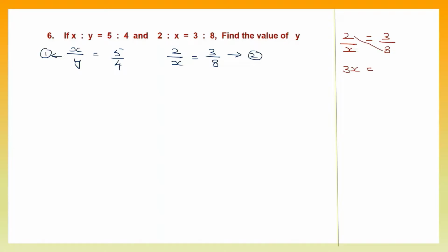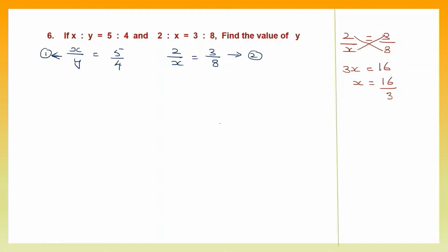We are cross multiplying like this. 2 into 8 is 16. 3 into x will become 3x, so x is equal to 16 by 3. So the value of x is 16 by 3. Now that we have found the value of x to be 16 by 3, we are going to substitute it in the first part, this first portion.